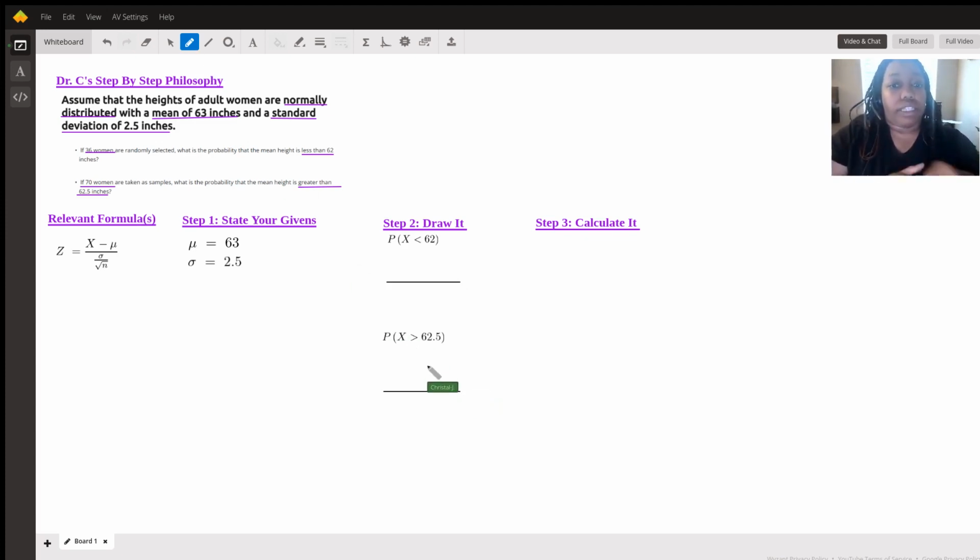And then they said it was normally distributed. So for both, of course, the mean is 63. And then for the first one, we got 62.